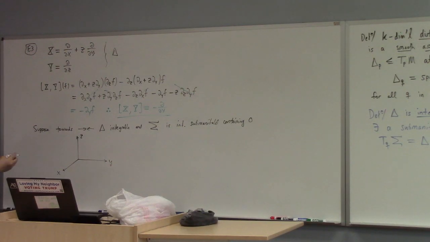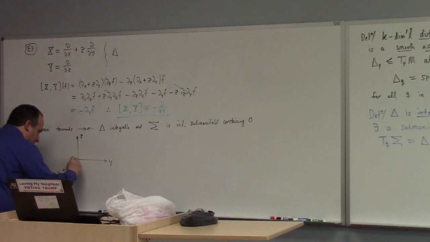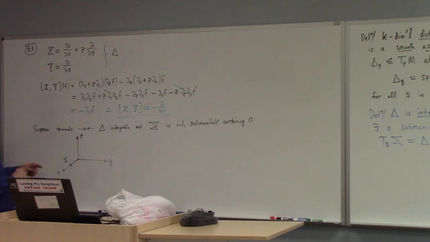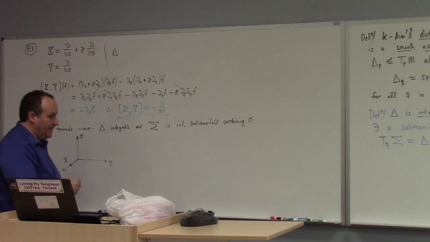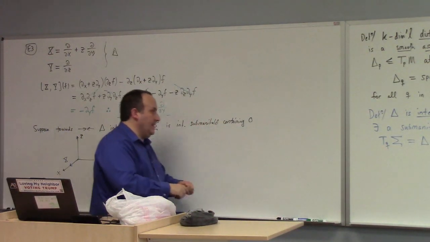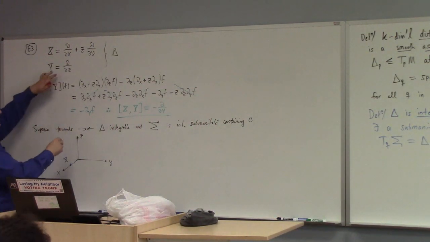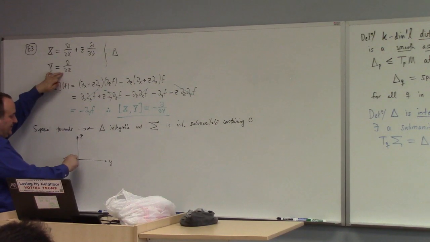So that means that x just looks like essentially this. That's x at the origin. What does y look like at the origin? So we can visualize it like this.